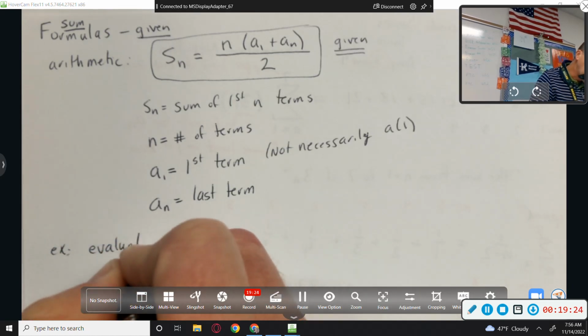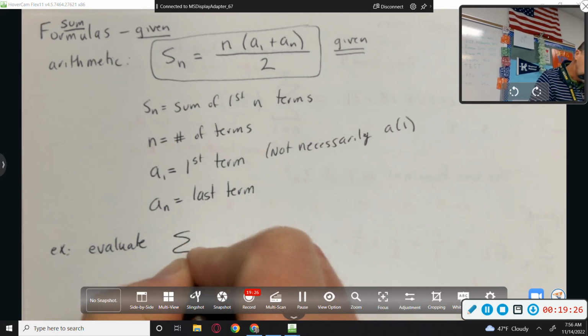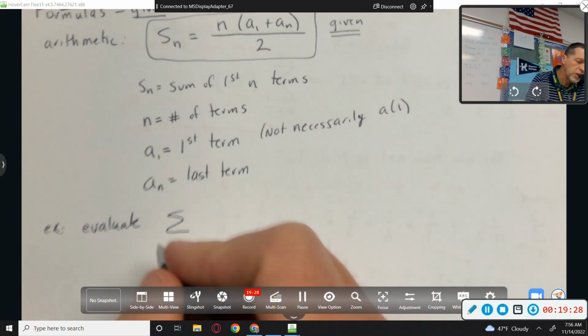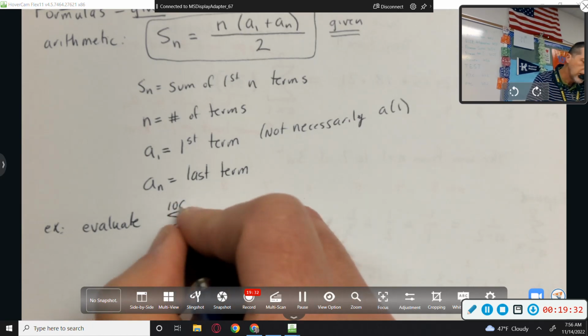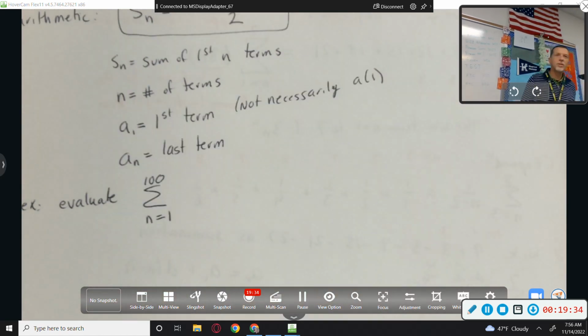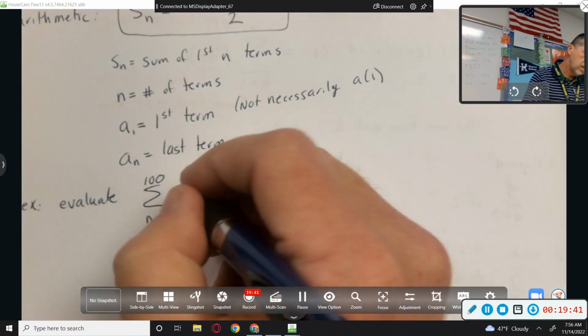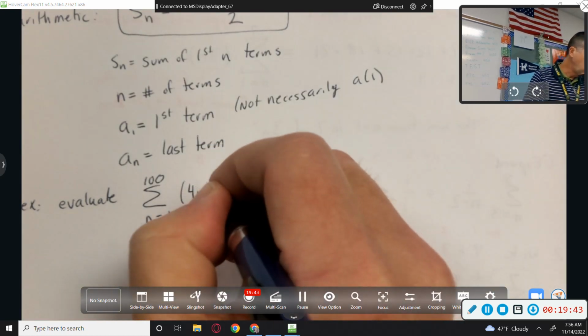So let's evaluate, meaning get an answer, not just list out the terms, for the sum from n equals 1 to 100 of 4n plus 3. So clearly we don't want to write out all these terms, I'd be typing forever.